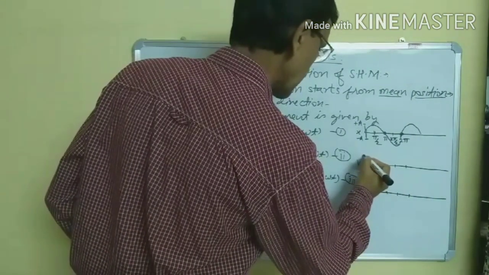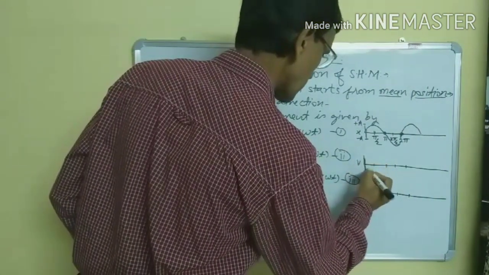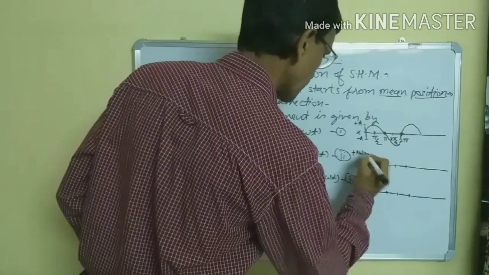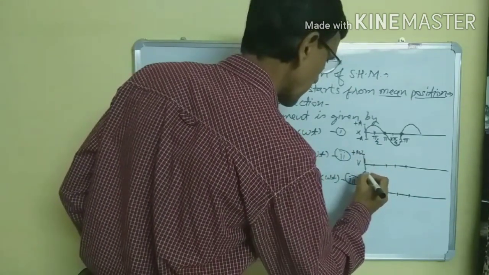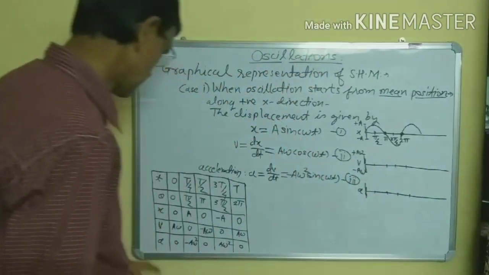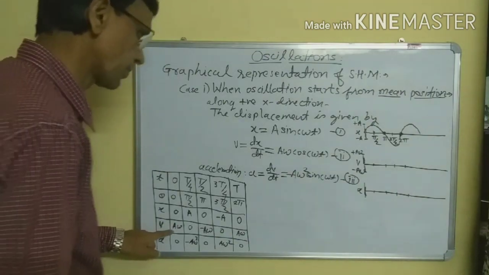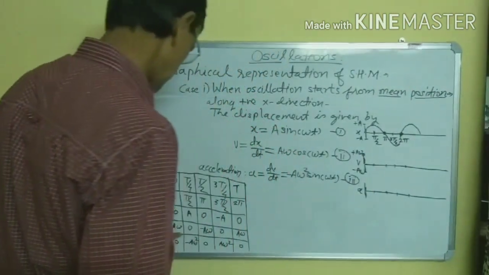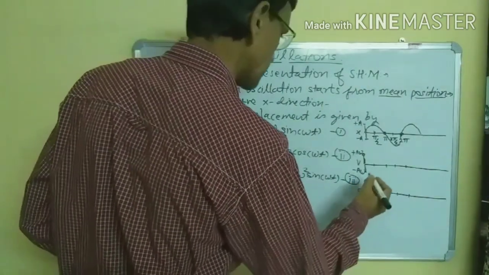Then for velocity, when theta is equal to 0, velocity is A omega. So we represent plus A omega on the upper side and minus A omega on the bottom side. So it is starting from plus A omega, and the point will be here. Then it is 0 for pi by 2.